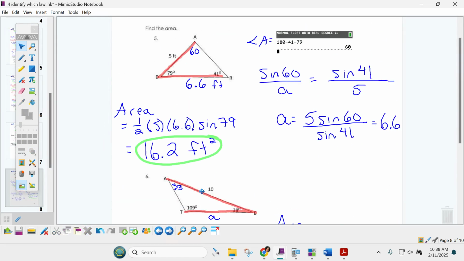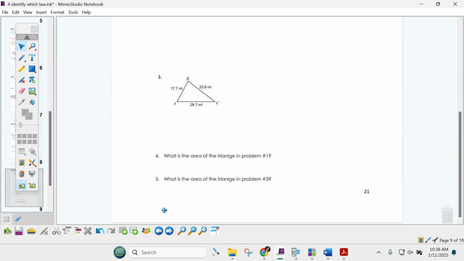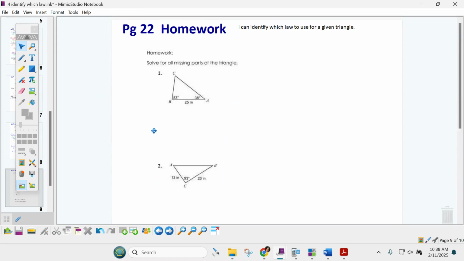Okay, so now, here are the answers. Your homework is all of page 22. Check your answers in Drive.